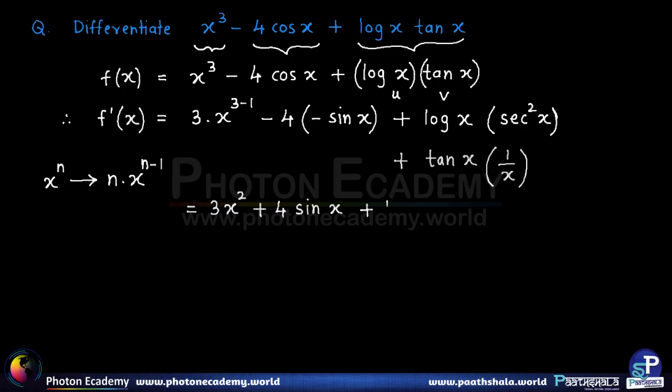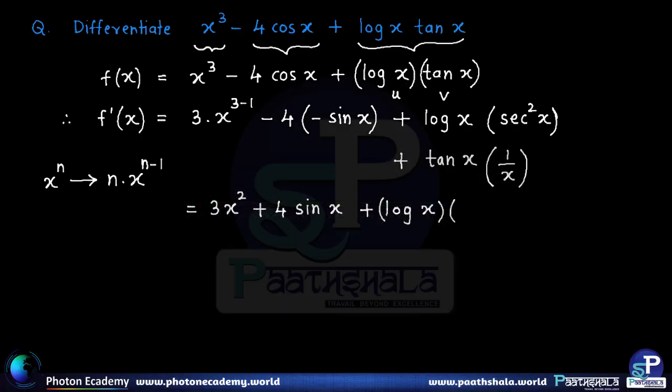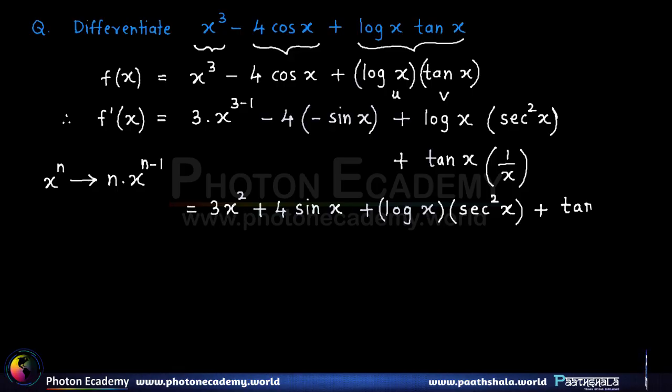Then next term is you have product of log x into sec square x, and the last term is plus tan x whole divided by x. So that is the final answer, which is in most simplified form, right?